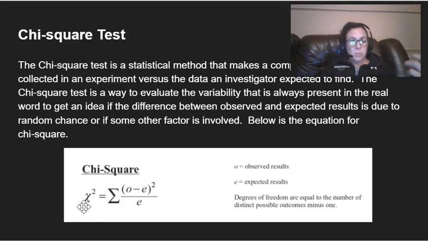The expected results are always based off of our null hypothesis. And remember, our null hypothesis was the no effect, that we're not going to see any relationship between the independent and dependent variable. So when we do this chi-square analysis, we're going to see what we observed. We're going to subtract that from what we would expect if the null hypothesis was true. And then once we have that deviation, once we subtract those values, we'll square them, divide by our expected results, and then that crazy E is summation. We're going to add everything together.